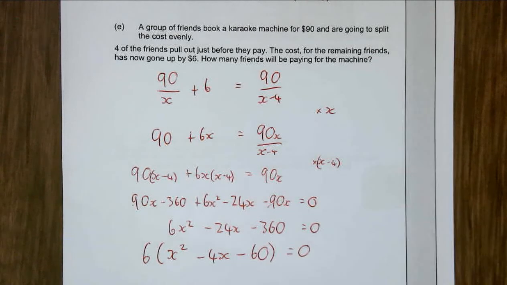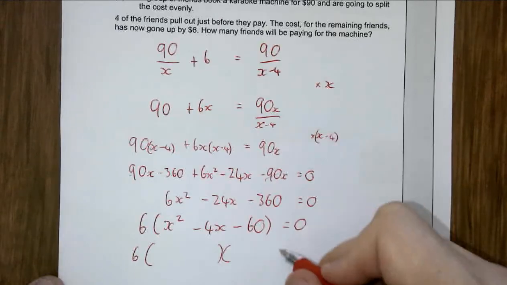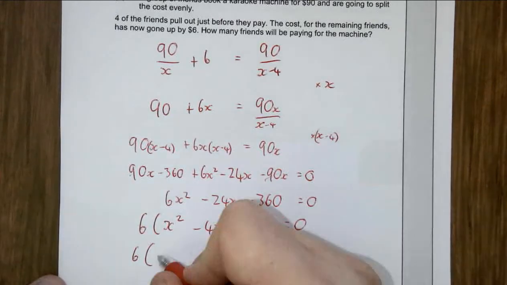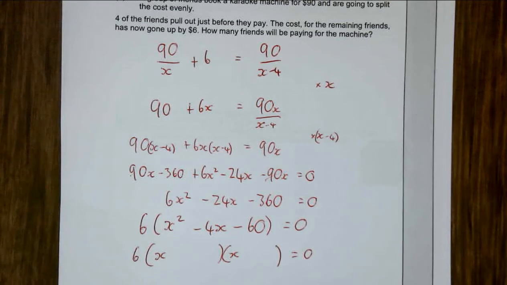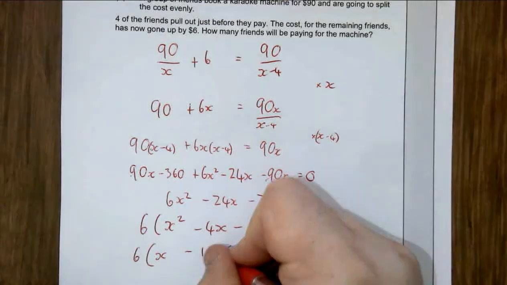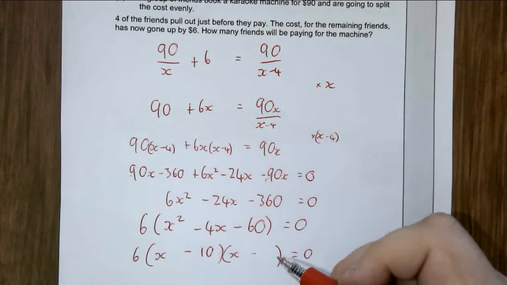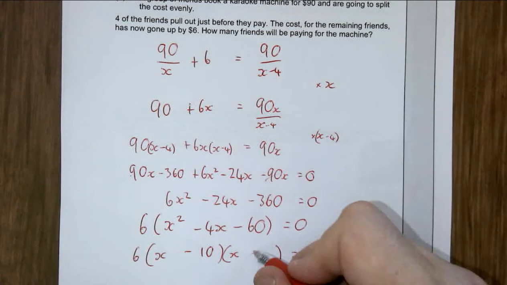Alright, so if I want to factorize this, it's going to be 6 times my 2 brackets x. Now I need two numbers that multiply to give me negative 60 and add to give me negative 4. 10 and 6. Negative 10. Negative 6. No. Positive 6.